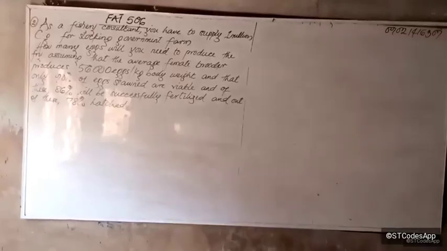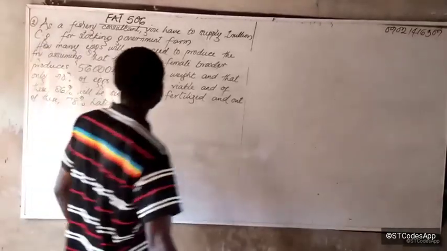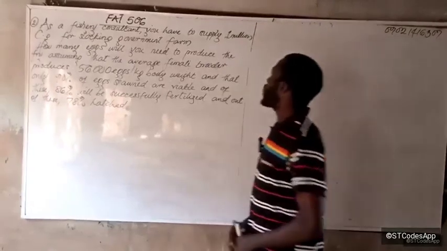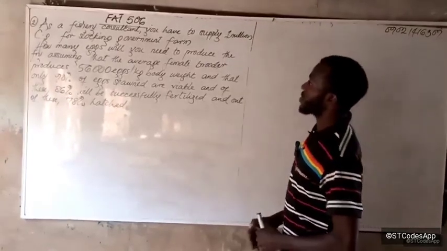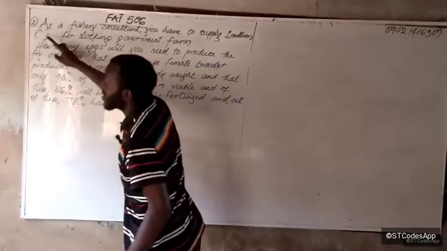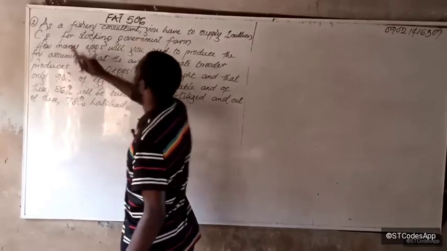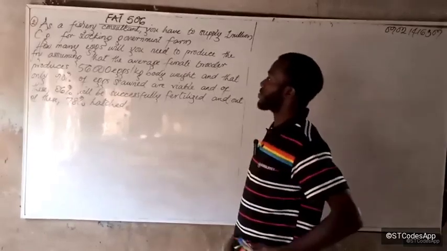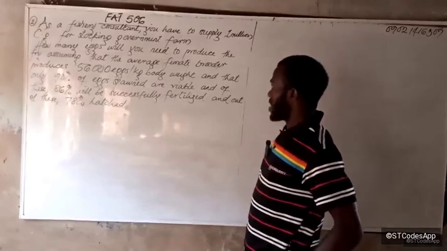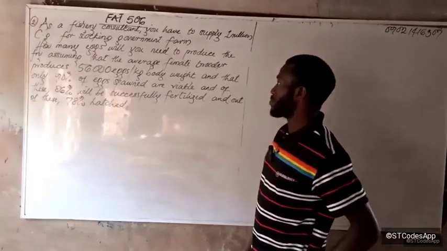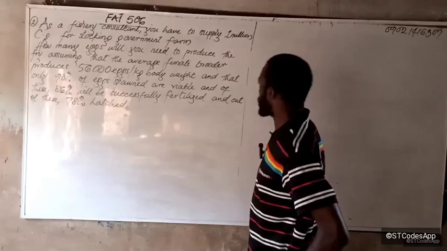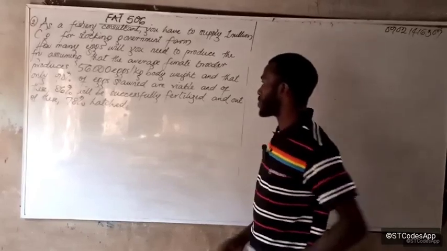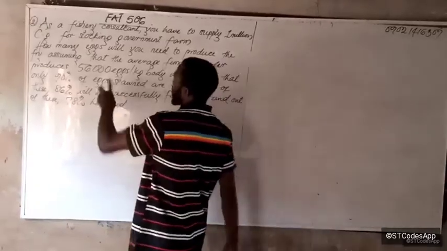All right. So the second question says, as a fishery consultant, you have to supply 1 million Clarias gariepinus for stocking a government farm. How many eggs will you need to produce the fry, assuming the average female brooder produces 56,000 eggs per hen?